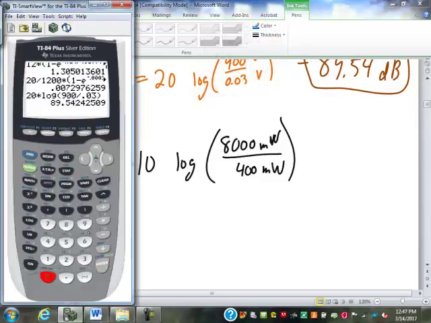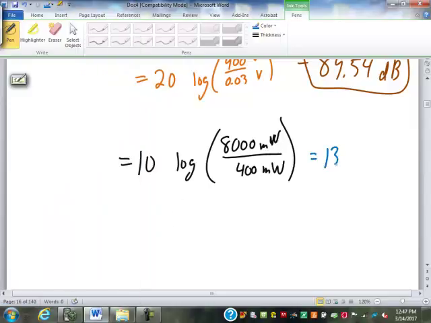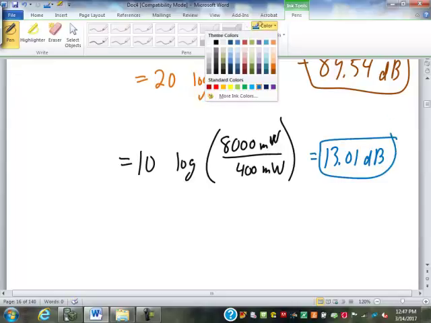So 10 times the log of 8,000 divided by 400 gives us 13.01 dB. Any questions on those two?